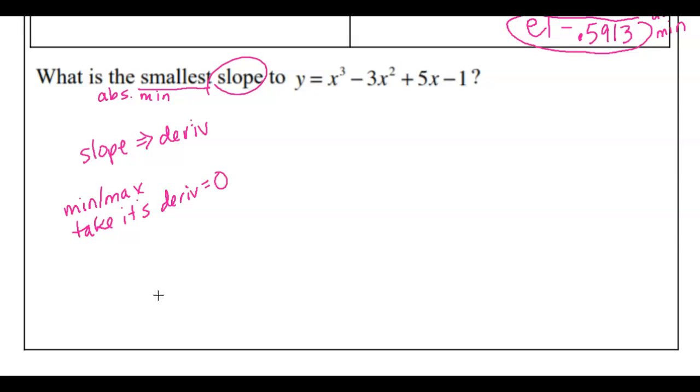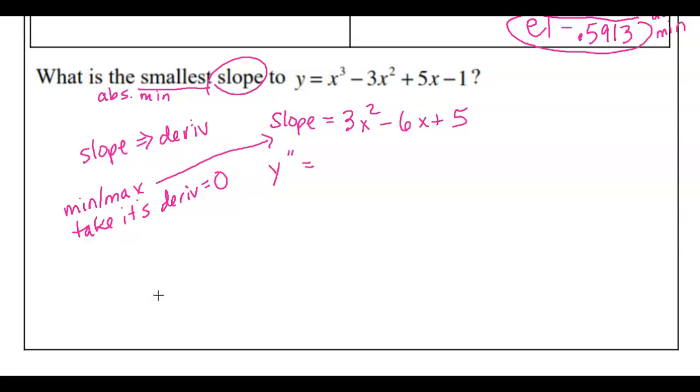So for my slope, it's our derivative, which is the power rule. And if I want to minimize that, I actually want to take the derivative of slope. So we're going to call this y double prime, because we want to find the critical value of the slope values. Okay, the slope minimizes or maximizes the y values. When you take the derivative of slope, it minimizes or maximizes the slope values, and that's what they want.